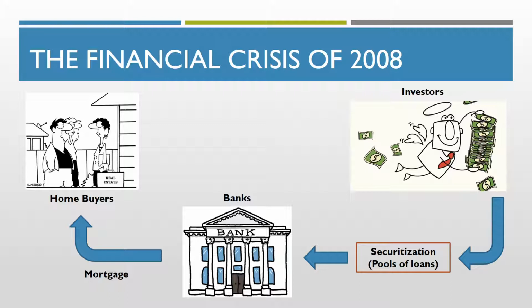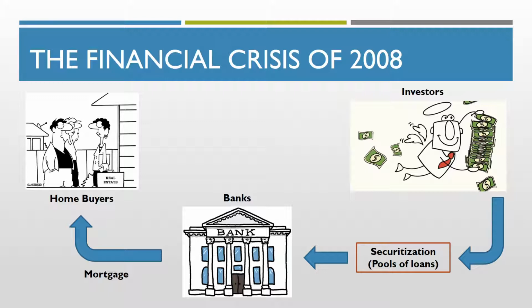Banks keep loaning out mortgages to the home buyers, and there are some investors who are interested in buying those assets from the banks' mortgages. So the bank thinks about how they are going to sell these assets to the investors so that they can get more cash in return.